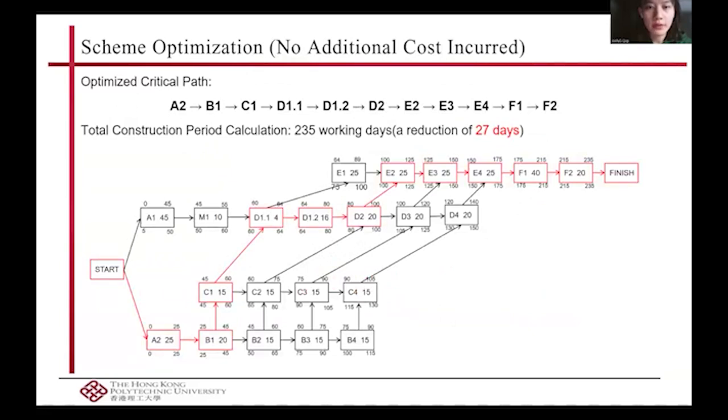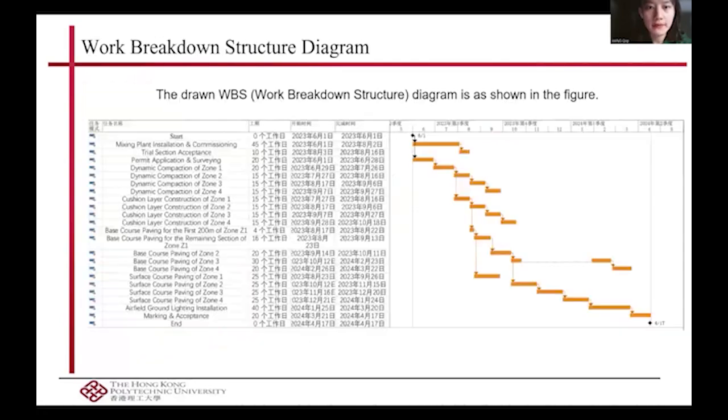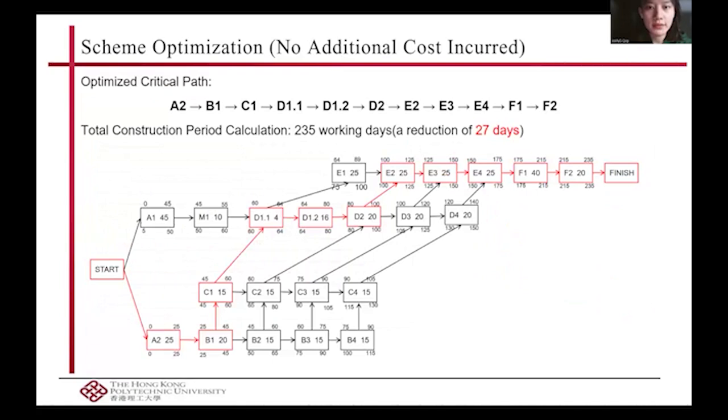The duration of the optimized critical path is 235 working days. This is a complete work breakdown structure and an updated Gantt chart reflecting the optimized schedule.